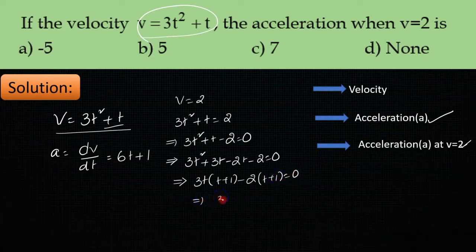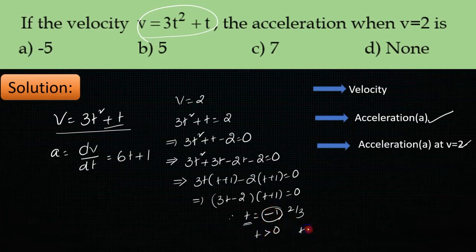This implies (3t - 2)(t + 1) = 0. Therefore t = -1 and 2/3. Time cannot be negative, so t > 0. So t = 2/3.